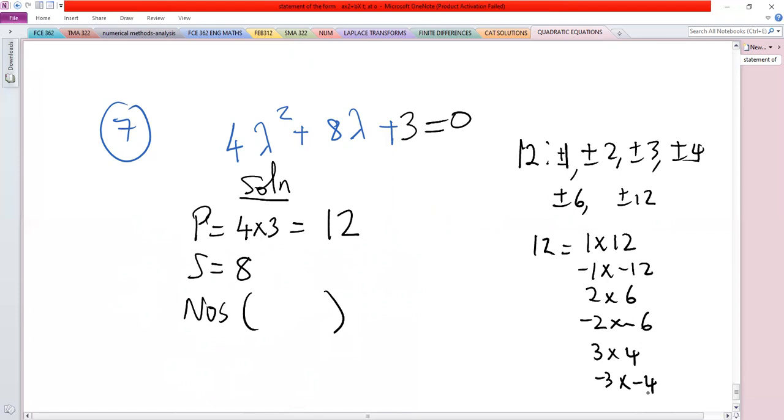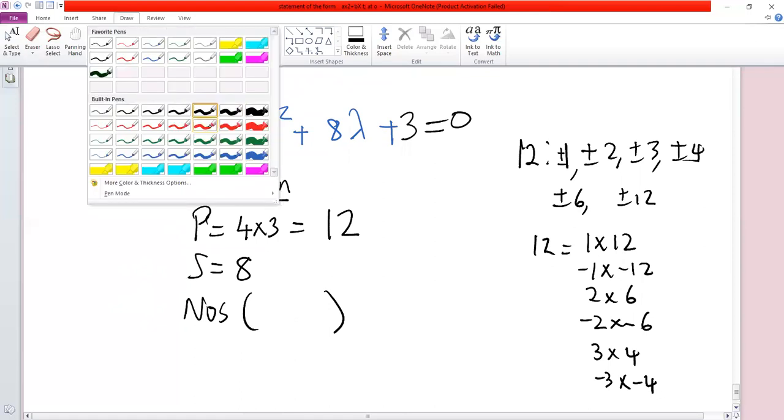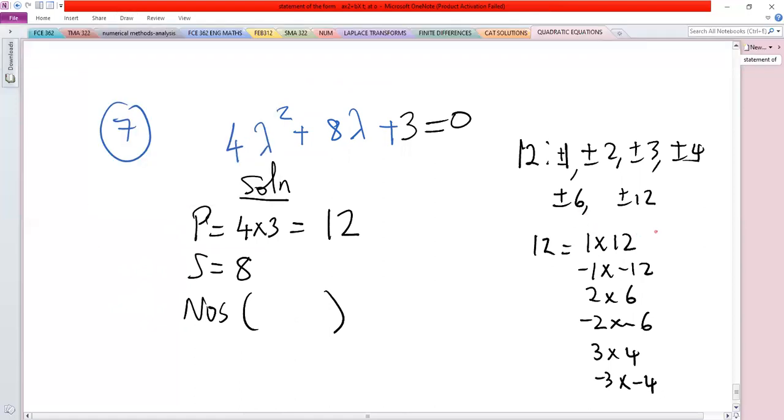Now let's identify those which will work. 1 plus 12 is 13, so it's not 8. Minus 1 minus 12 is minus 13. 2 plus 6 is 8. Minus 2 plus minus 6 is minus 8, so this will not work. 3 plus 4 is 7, this will not work. Minus 3 plus minus 4 is minus 7. So the numbers are 2 and 6.